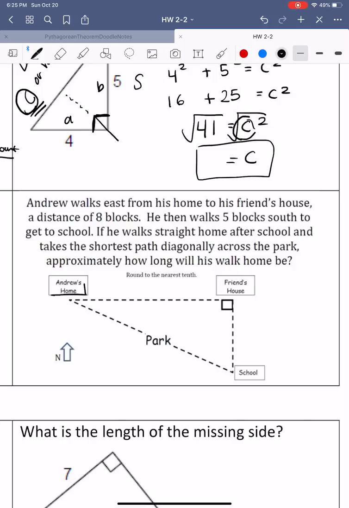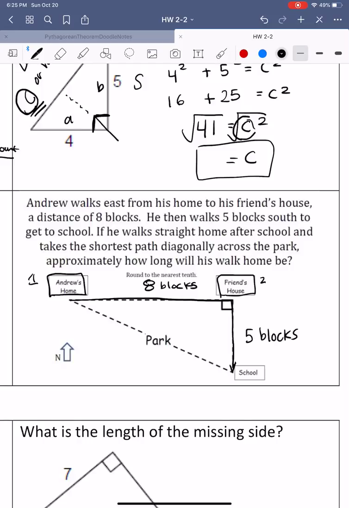So we're starting with Andrew. He's starting at home. This is our first place. And he's going to walk across to his friend's house, and he's saying this is 8 blocks. And then from his friend's house, he's going to walk down to school 5 blocks.